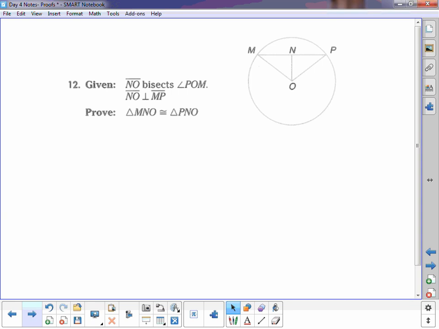Give you about 2 more minutes to give that a go. Once you think you have it, go and check with your shoulder partner, someone in front or behind you, to see how your proofs compare.